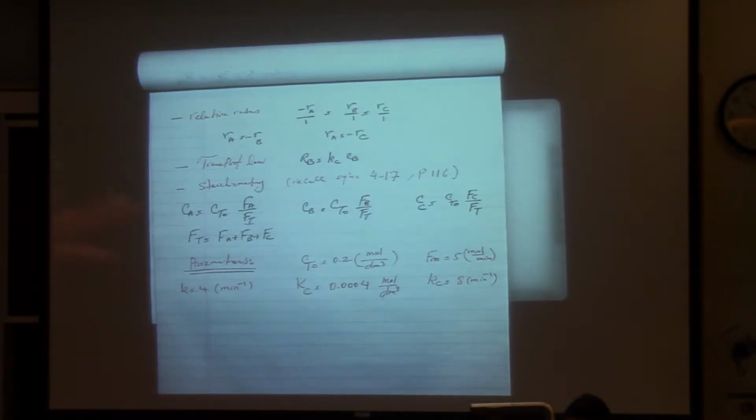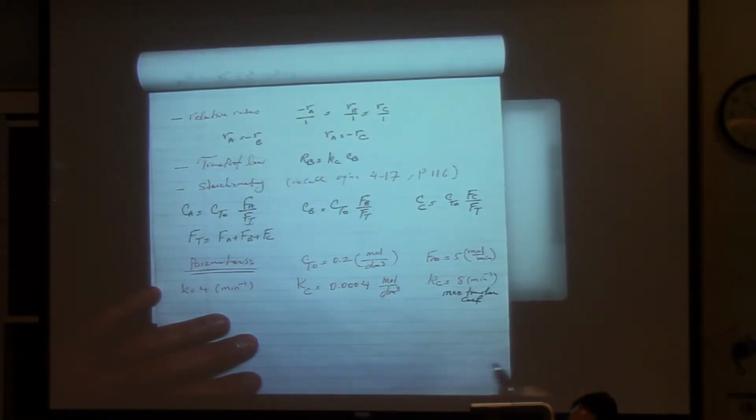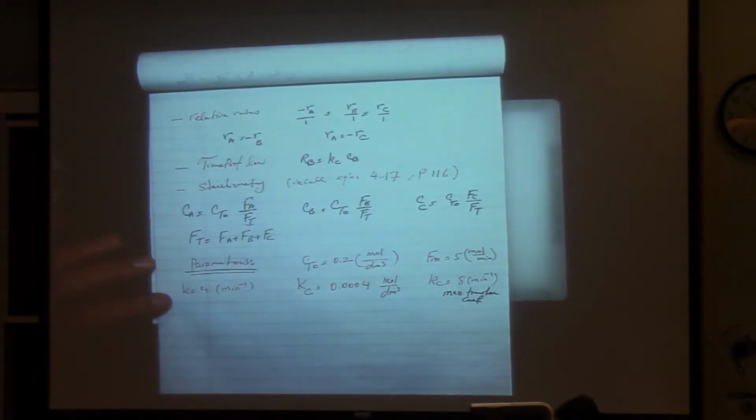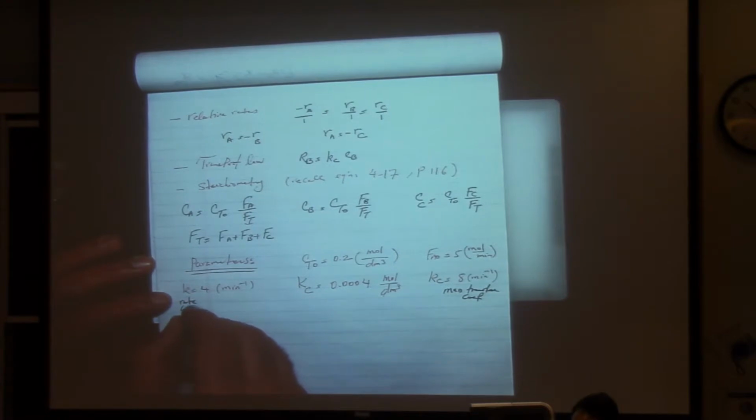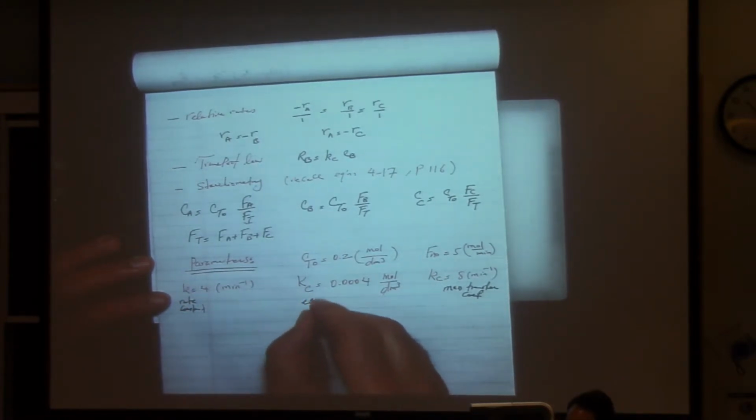So this one is the mass transfer coefficient, and this one is the rate constant. Capital K is the equilibrium constant.